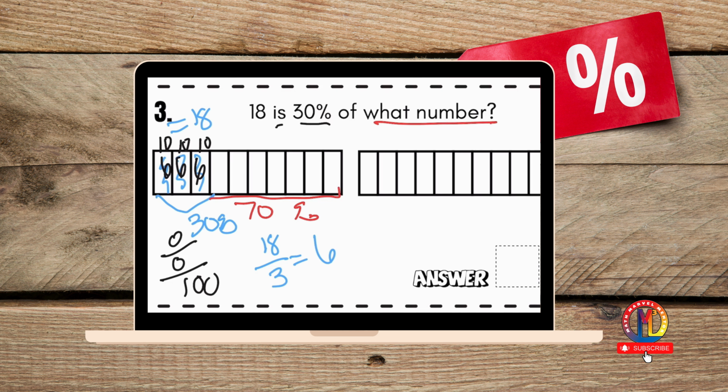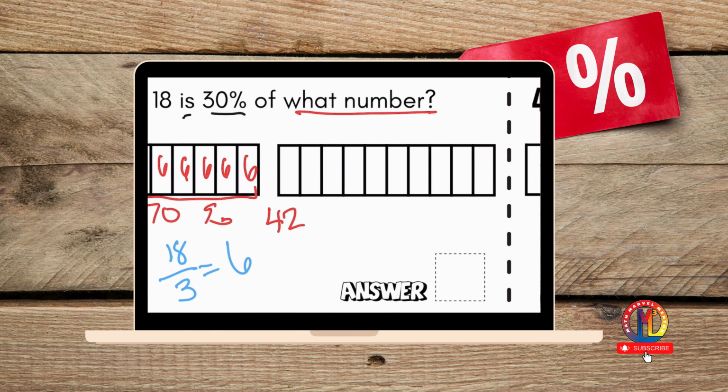Okay, so I'm going to fill in my 6's for the rest of the amount. And there's 7 of them. Okay, and we know that 7 times 6 gives us 42. Okay, so 70%, and I'll just redraw it here so it's nice and clear for us. 70% of this bar is the number 42, and 30% of this bar is the number 18.